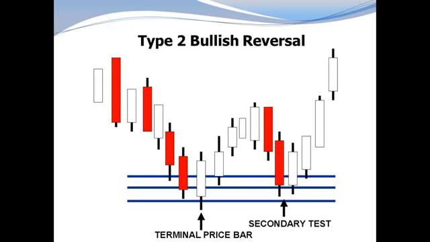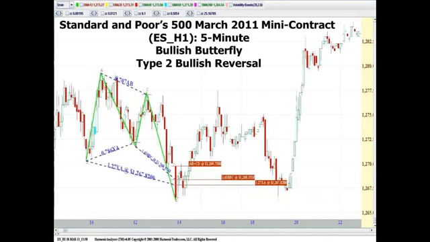Now a type 2 bullish reversal typically involves first a short and brief type 1 reversal where all the numbers in the potential reversal zone are tested, some type of nominal reaction, a bounce from the bullish support, followed by a secondary test. Here we see a chart of Standard & Poor's 500 March 2011 mini contract.